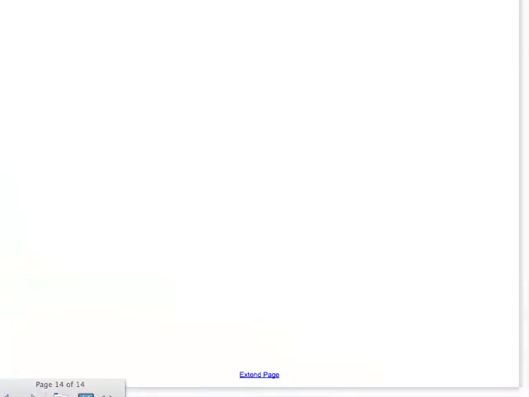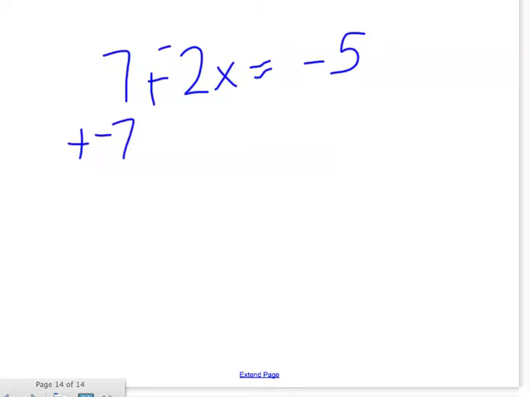So let's try another one of those. This time, if I have 7 minus 2x equals negative 5. So I have a minus there. I'm going to change that to plus a negative 2x. That's a very helpful thing to do to avoid making mistakes. Add the opposite of the 7.